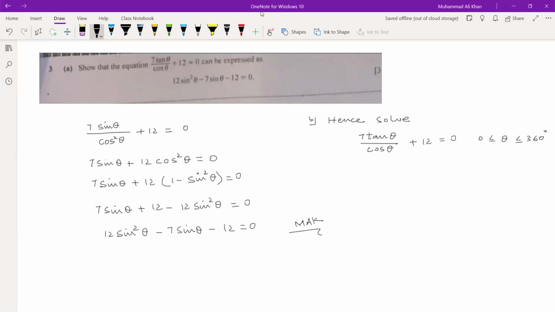So now, as we know that it is equal to 12 sine squared theta minus 7 sine theta minus 12 equals to 0. Now, just find out the values of sine.